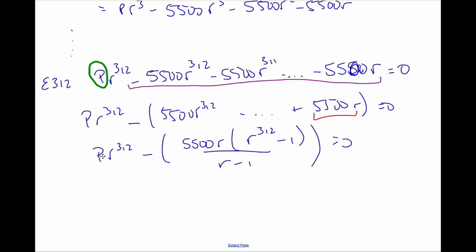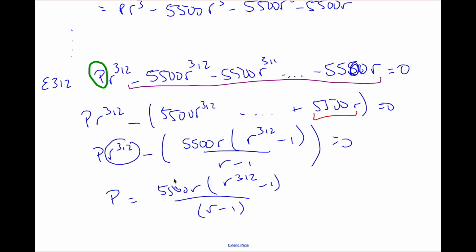And so I'm solving for P. So P, I'm going to bring all of this over. So when I bring this over, I end up with 5,500R to the 312 minus 1 over R minus 1. And then I have to divide by that, which is put it here, R to the 312.